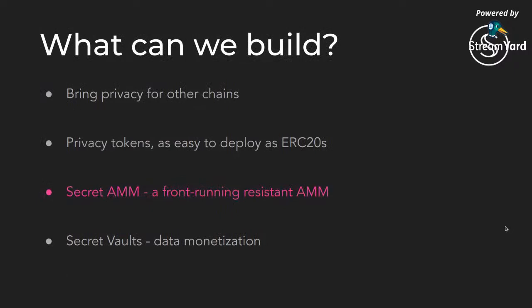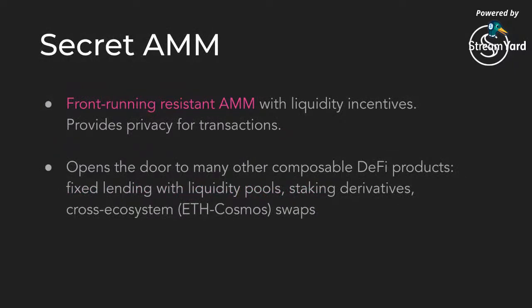Another thing we can build is a secret AMM. I guess we're all familiar with the concept of an AMM. Like we have Uniswap, which I'm sure all of you know. When we build an AMM on top of secret contracts, it is actually front-running resistant by default, because, again, the inputs are encrypted.